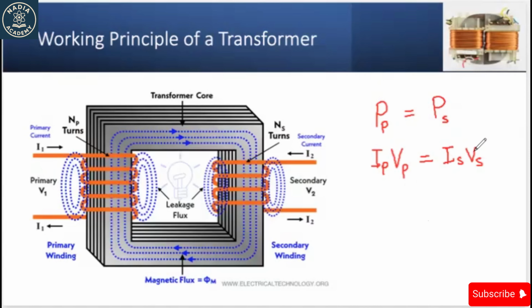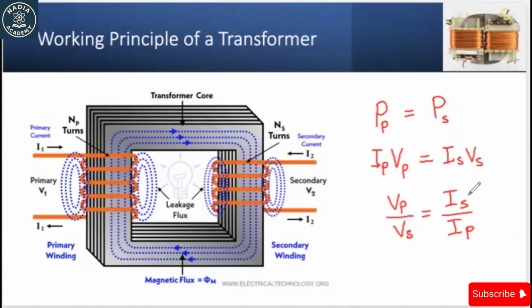Now we can take the voltages on one side. So the voltage in the primary divided by the voltage in the secondary is equal to the current in the secondary divided by the current in the primary.